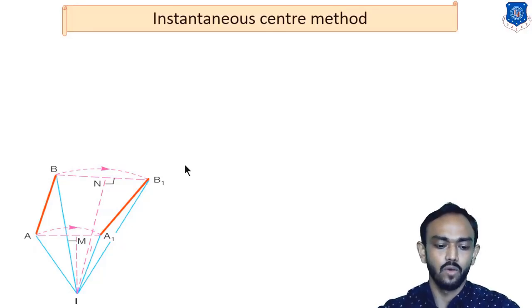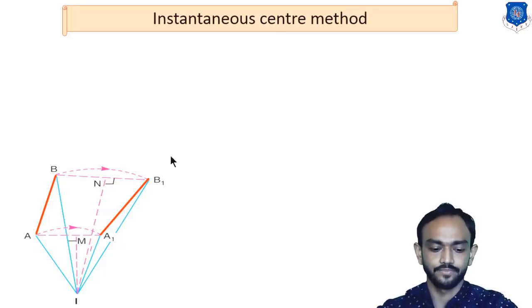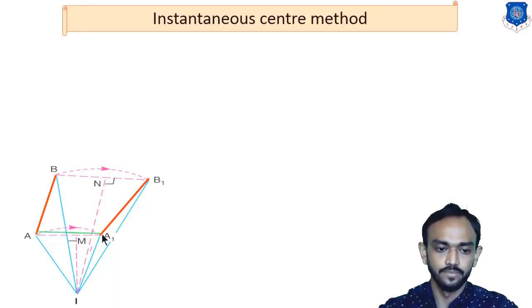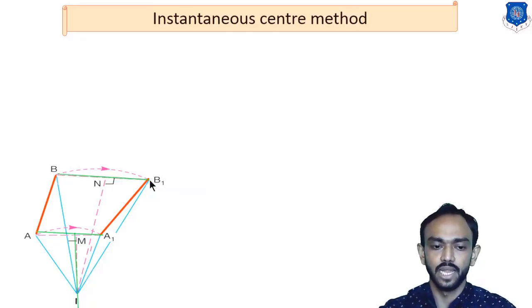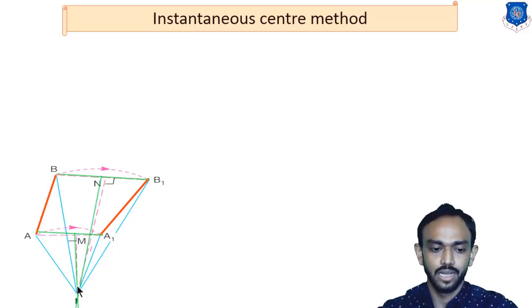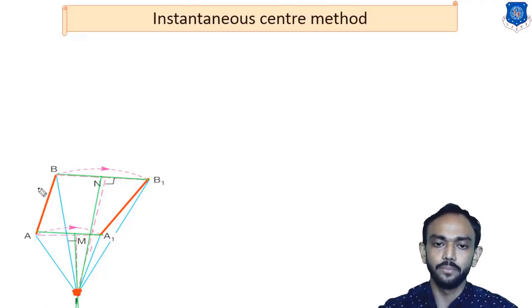Now I am going to connect A to A1, and from the center of this line I will draw a perpendicular line, a perpendicular bisector. Then connect B to B1, and from the midpoint I will again draw a perpendicular to that line, and it intersects at a point I here. So this point I is the I center for AB, means with respect to this point AB is purely rotating.